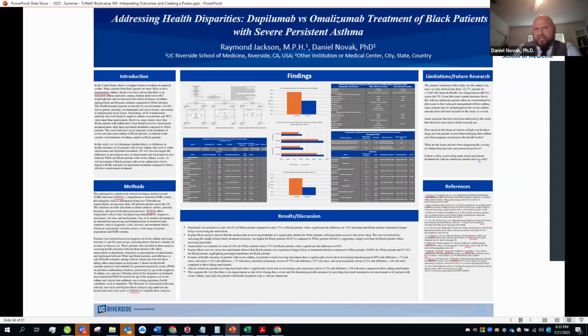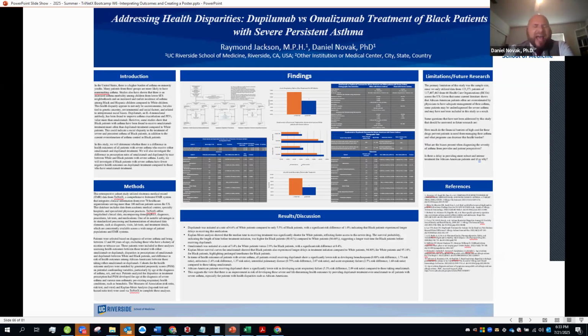Finally, I think this is a particularly great example of a student's work here at UCR. Raymond Jackson developed a study looking at health disparities in the use of omalizumab and dupilumab for Black patients with severe asthma. So when we looked at this, we looked at outcomes for acute respiratory distress, whether people were developing that.